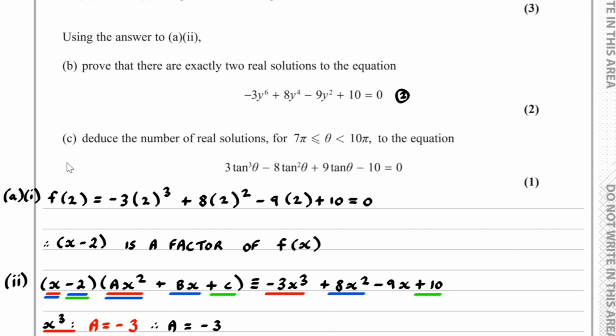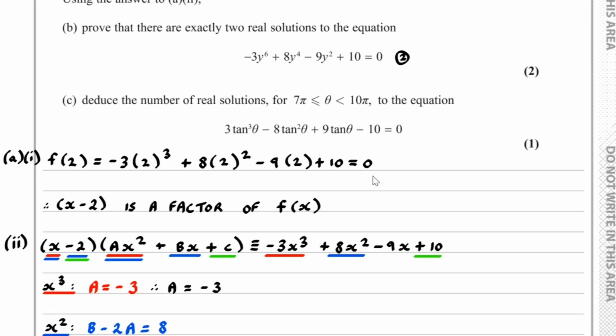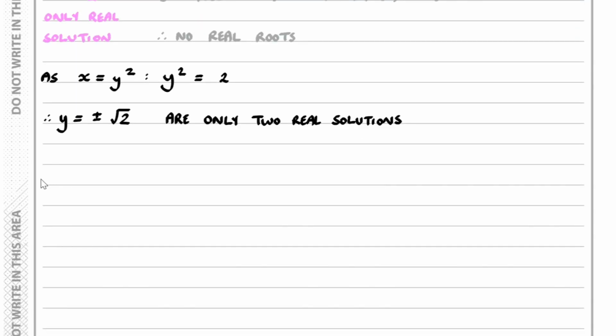Question part C, we have to deduce the number of real solutions for theta being in between 7 pi and 10 pi to the equation 3 tan cubed theta subtract 8 tan squared theta plus 9 tan theta minus 10 equals 0. So for part C, we have our equation 3 tan cubed theta subtract 8 tan squared theta plus 9 tan theta minus 10 equals 0.